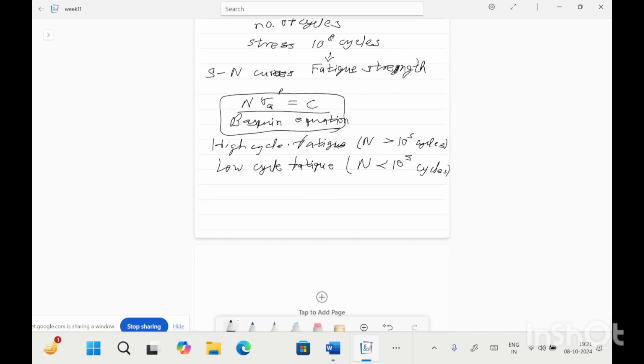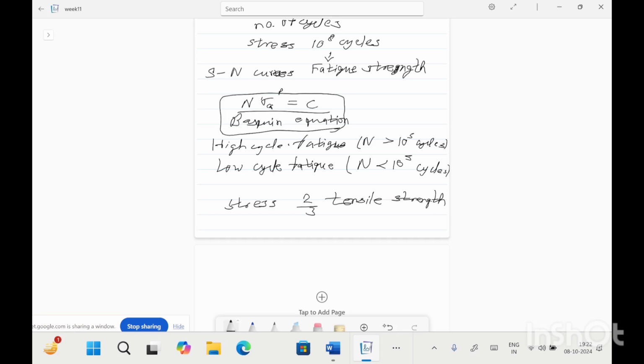During the testing, the specimens are subjected to a definite stress level. The stress level starts from 2/3 of the tensile strength of the material being tested. This stress is applied to the specimen and the number of cycles are counted.